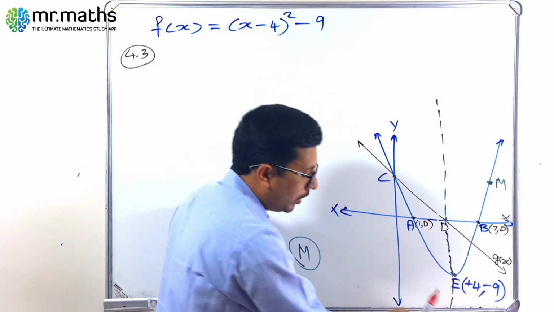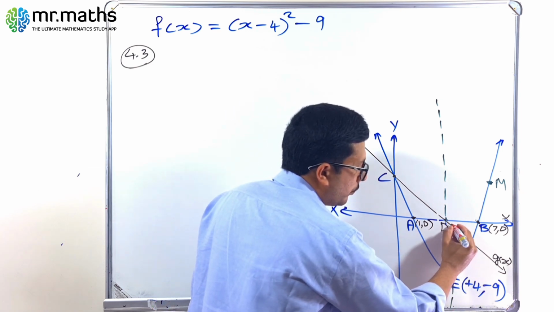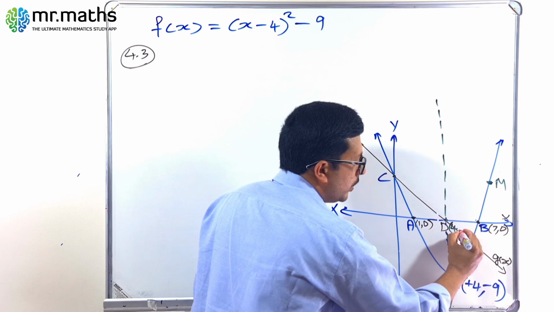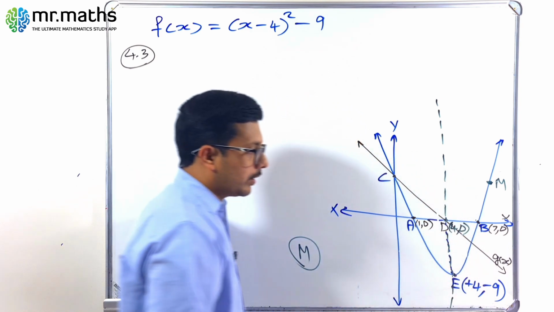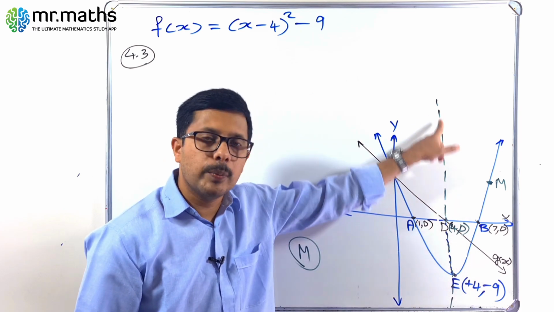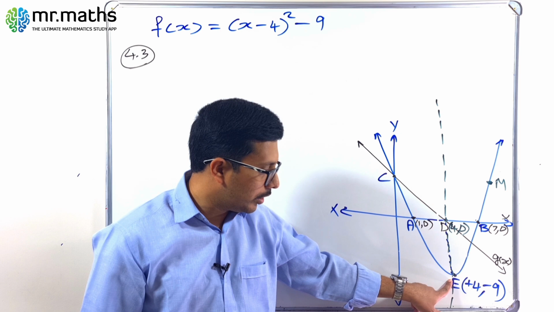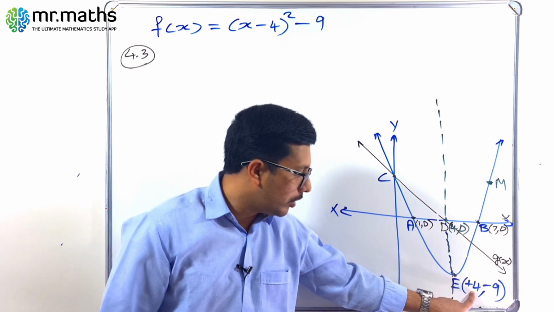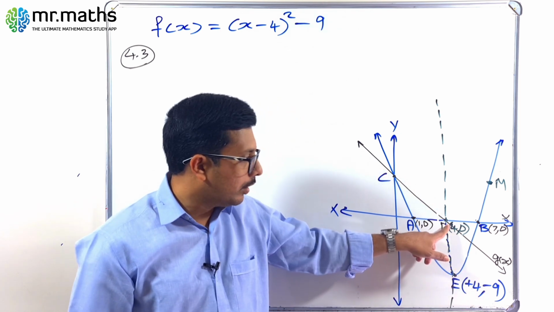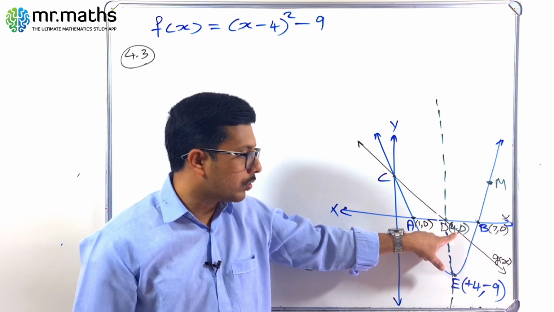It is given that here the x value is plus 4. So for D the x value is 4, because here we got the coordinate of the turning point. So the coordinate of D is 4 comma 0.